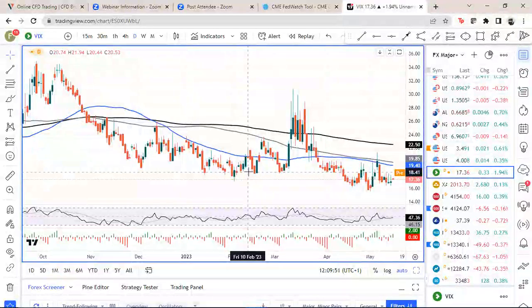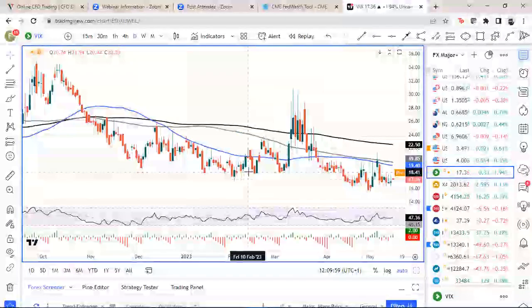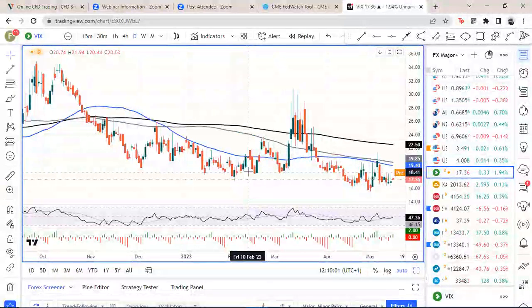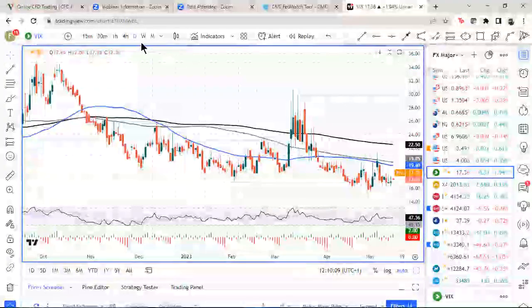It has closed below its long-term average 57 times so far this year, compared with just 23 times in the whole of last year. And in April, this backward-looking index of realized volatility hit its lowest level since November 2021.